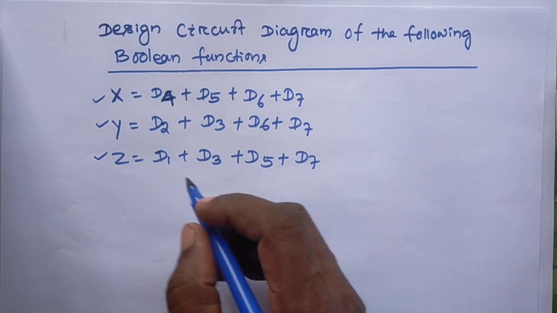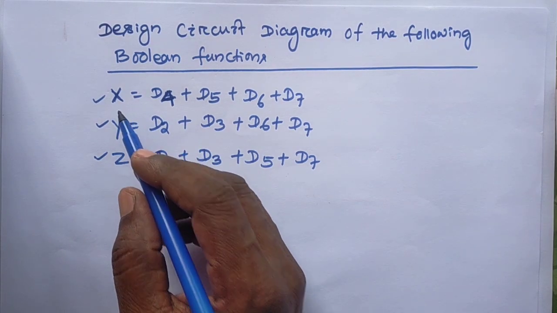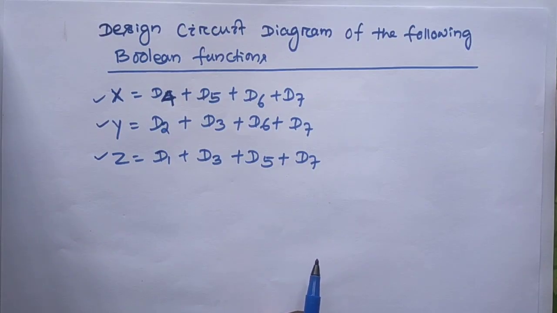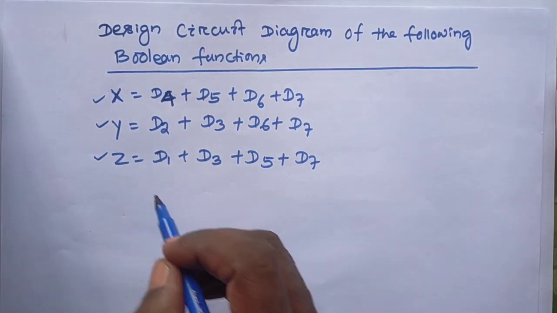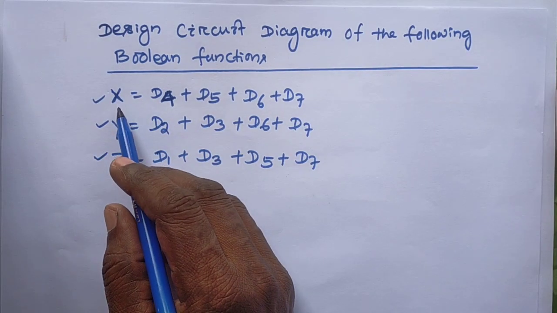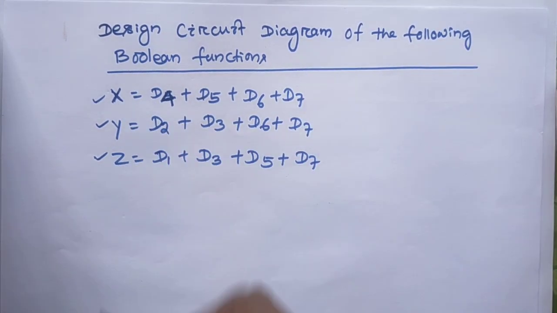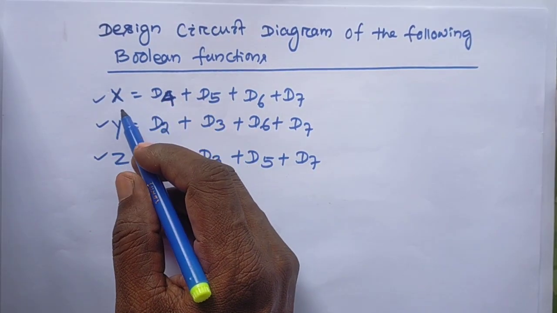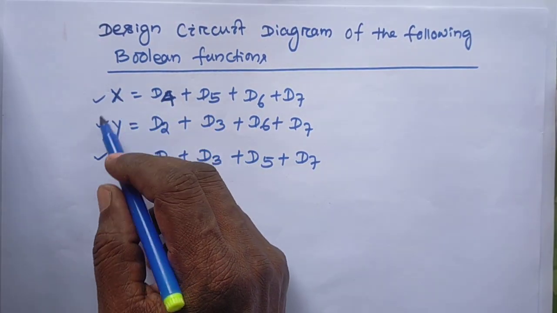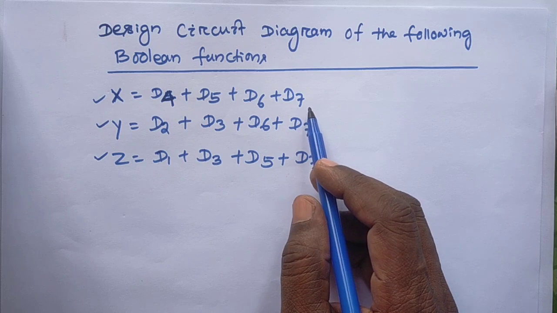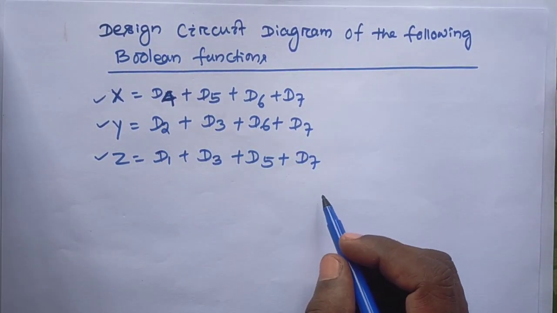Similarly for outputs X, Y, Z, three OR gates are required, one for each output, but we provide different inputs.